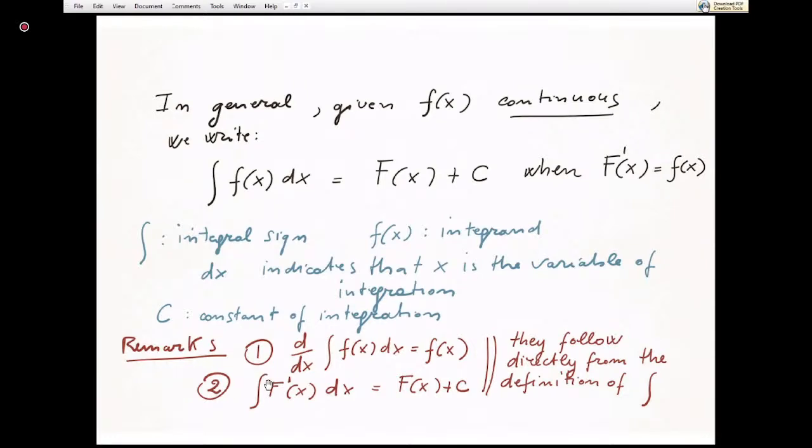When we write that the integral of f prime of x dx is equal to f of x plus C, again, we are writing something that follows directly from the definition. Okay, so don't worry about this. This is similar to the exponential of the log of x, basically, okay, which is x, okay?